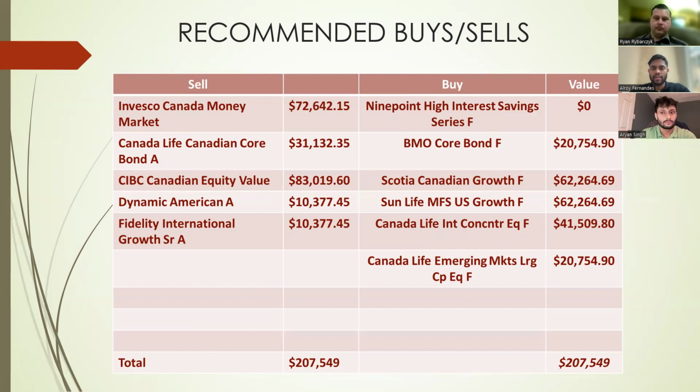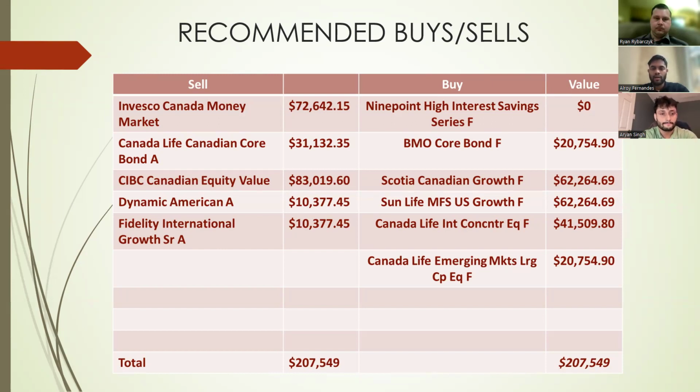And in the US, we recommend purchasing the Sun Life MFS US Growth Fund, both for $62,264.69 each. And finally, internationally, we recommend buying Canada Life International Concentrated Equity Fund and the Canada Life Emerging Market Large Cap Equity Fund.